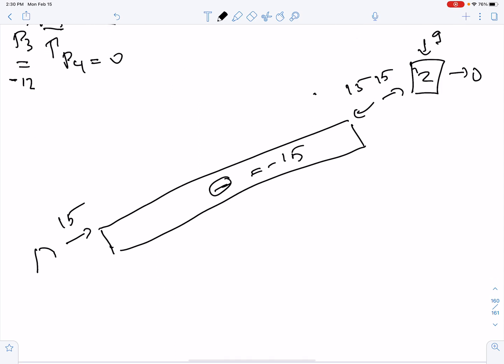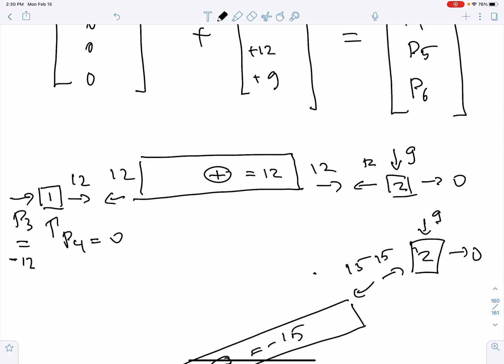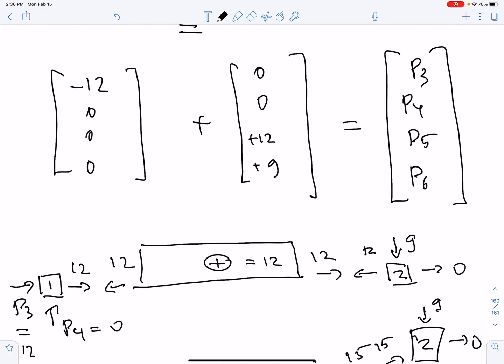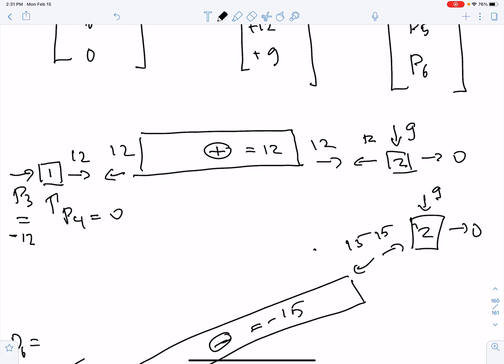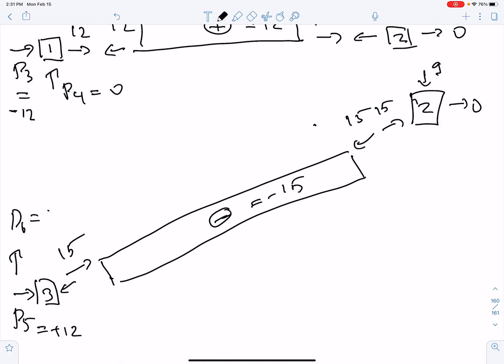Here we have node 3, right? Equal and opposite action. Then we have P5, which according to our analysis is 12. And then we have P6, which according to our analysis is plus 9. Okay. And as you can see, everything is in equilibrium, right?